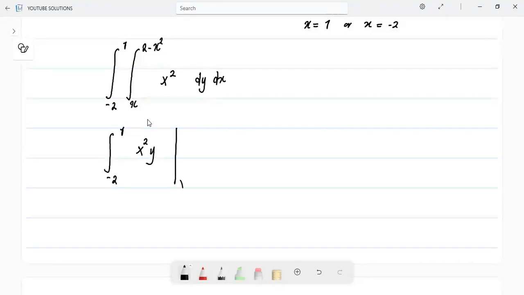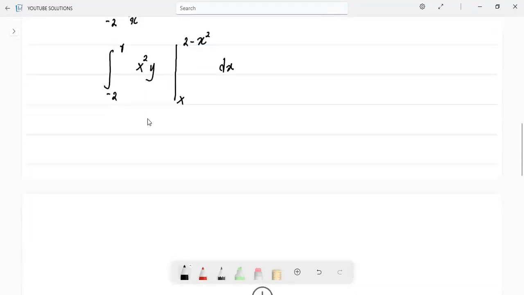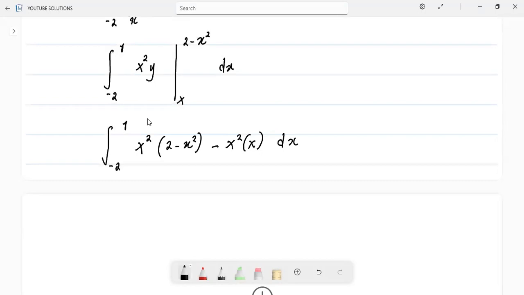Okay, so we have x squared y from x to 2 minus x squared, and then we have to do this with respect to x. Okay, so we substitute the limits of integration, negative 2 to positive 1, x squared, the upper limit is 2 minus x squared, minus also x squared. The lower limit is simply x. And then we evaluate this with respect to x.